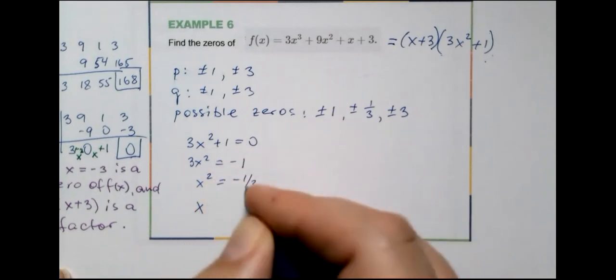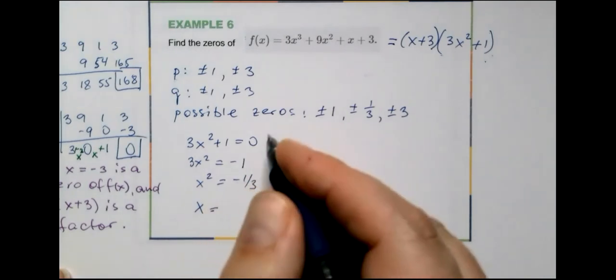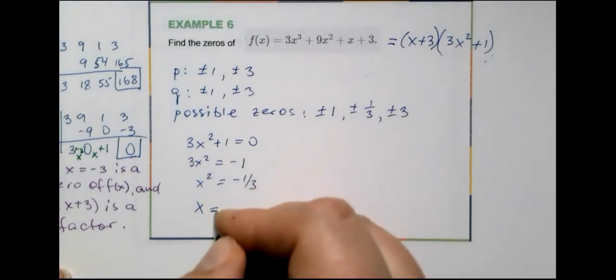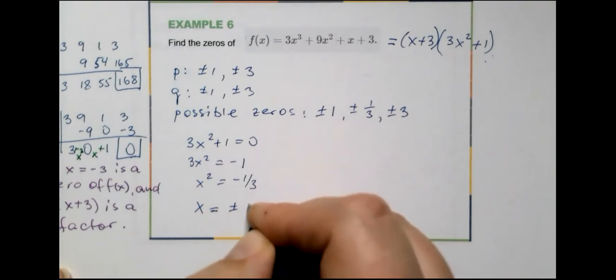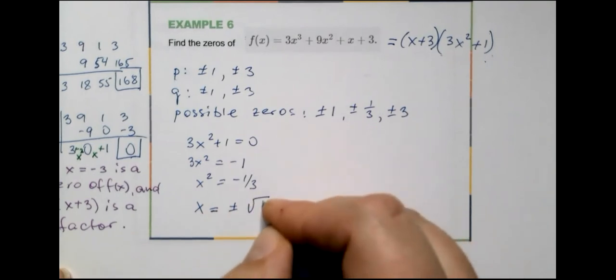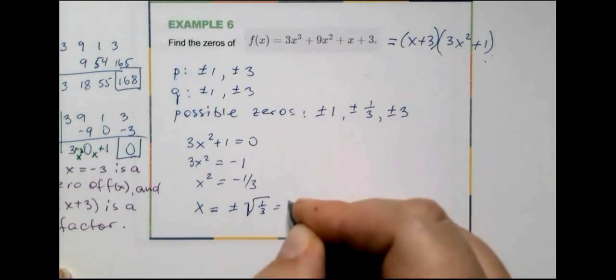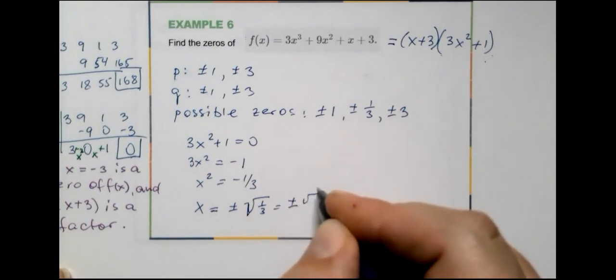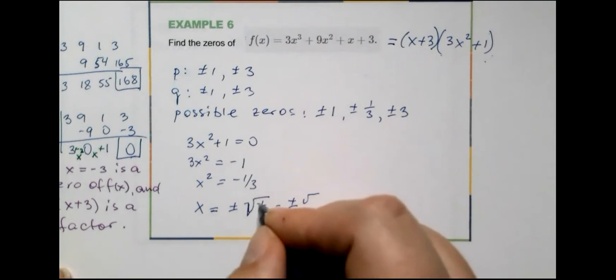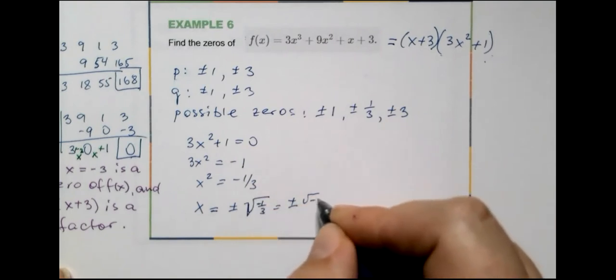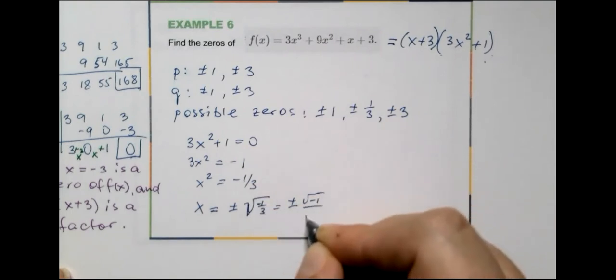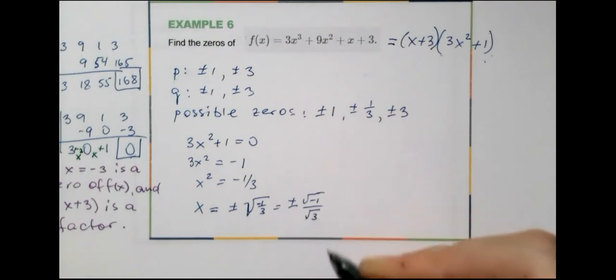So x is going to be positive or negative square root of 1/3, which is, actually it's negative inside, negative 1 over root of 3.